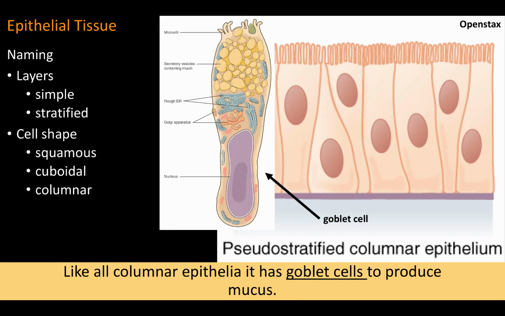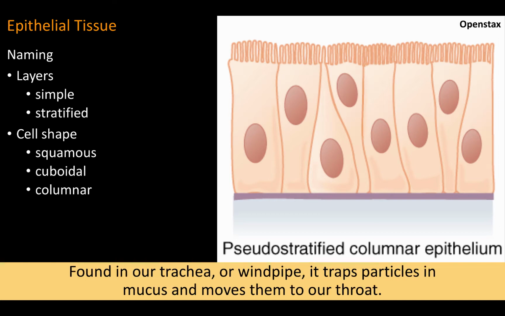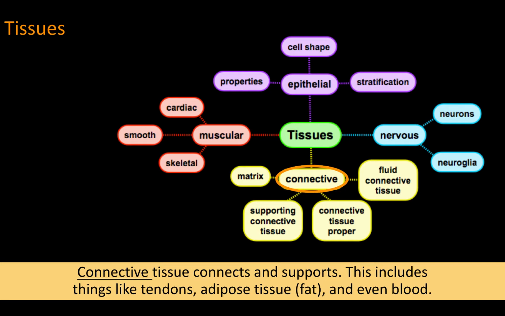Like all columnar epithelia, it has goblet cells to produce mucus. It also has cilia, organelles that wave to produce movement, so it can move mucus. Found in our trachea, or windpipe, it traps particles in mucus and moves them to our throat.